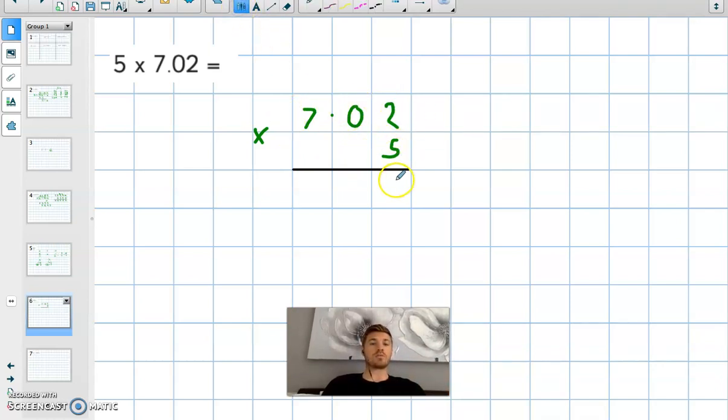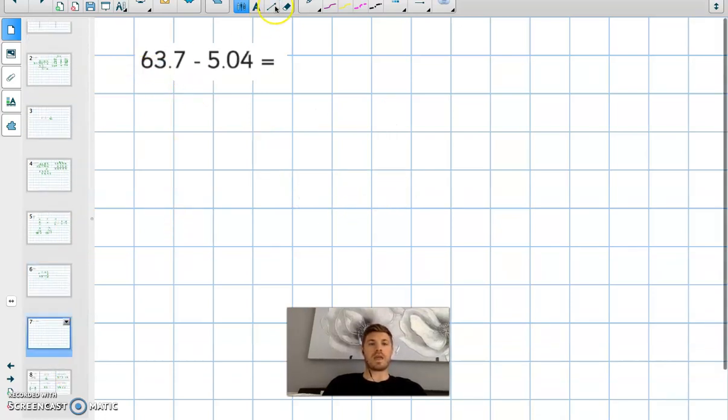So 2 multiplied by 5 is 10. 5 multiplied by 0 is 0, plus the 1 is 1. Drop the decimal point down, and then 5 multiplied by 7 is 35. 35.1 is your answer.